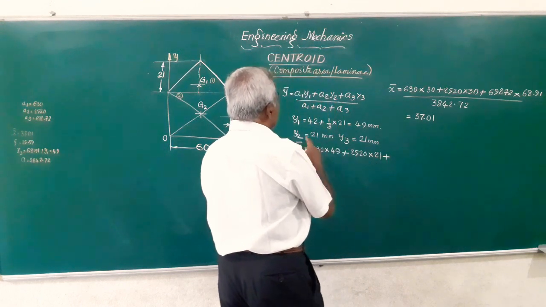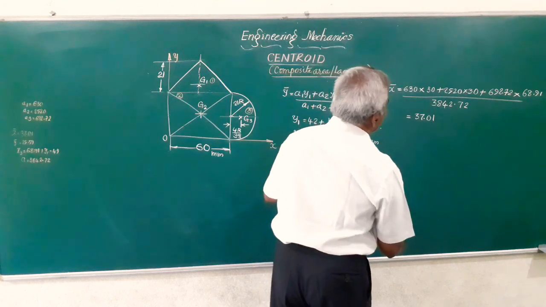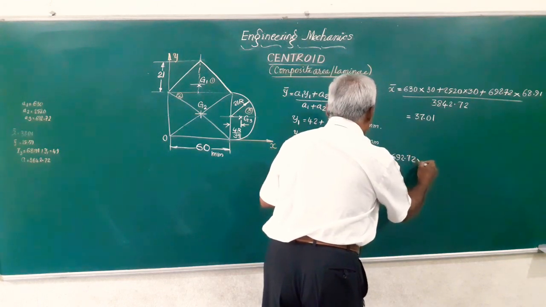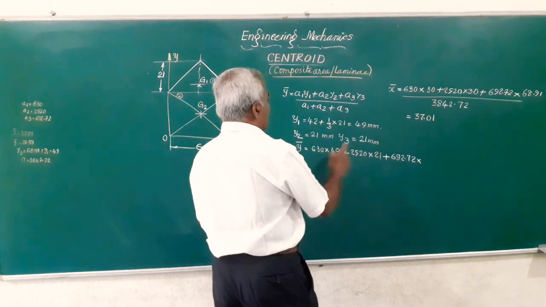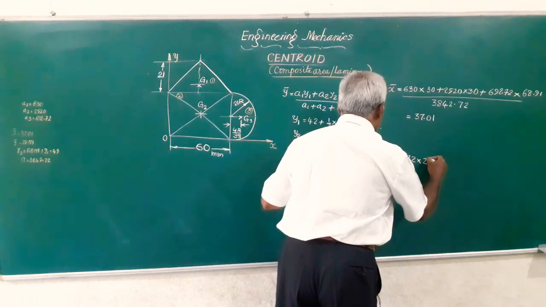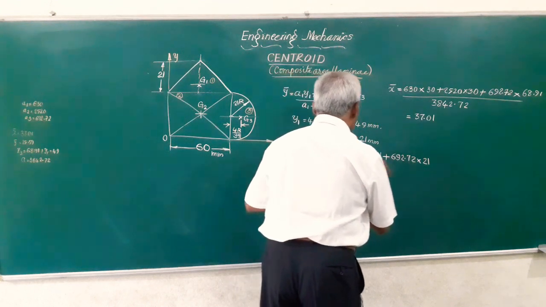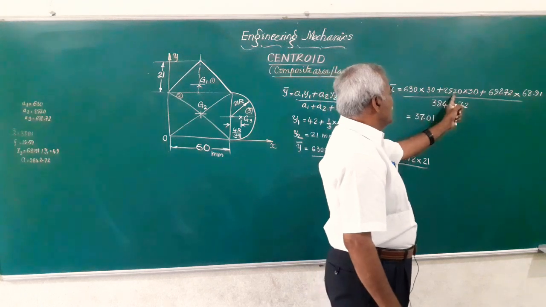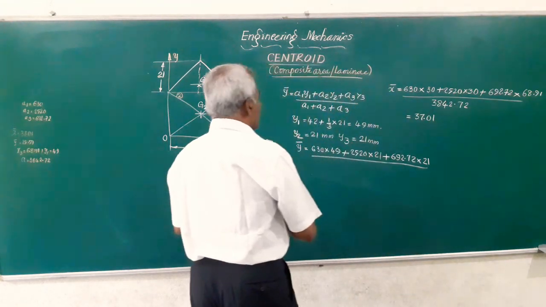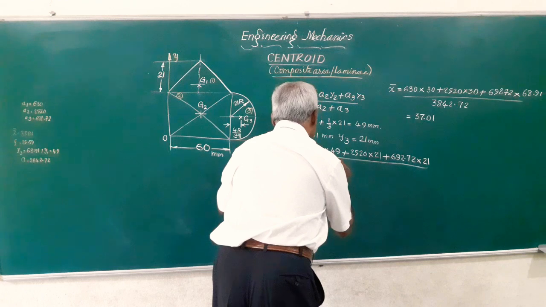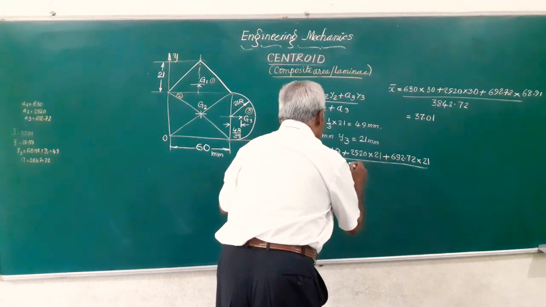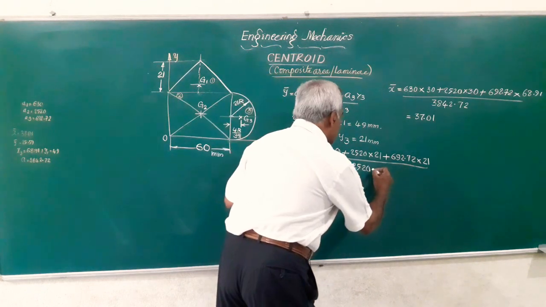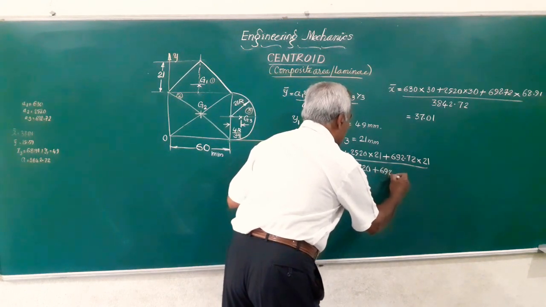Finally, plus a3, 692.72, multiplied by y3 value 21, because y2 and y3 are the same, divided by a1 plus a2 plus a3, that is 630 plus 2520 plus 692.72.